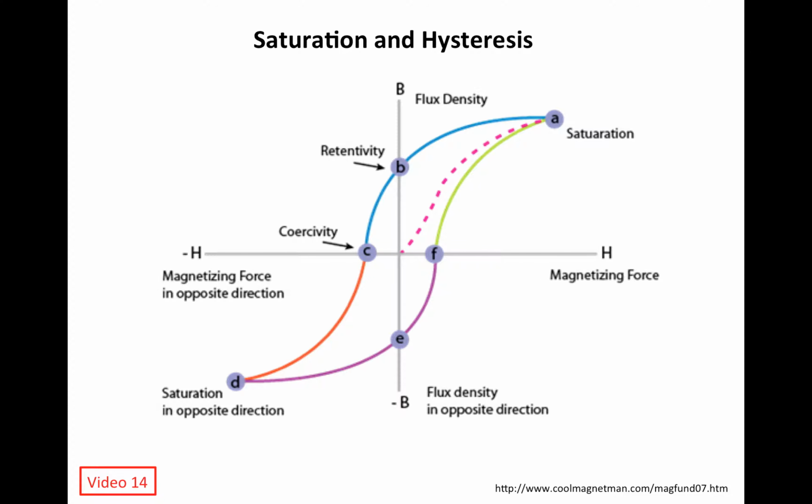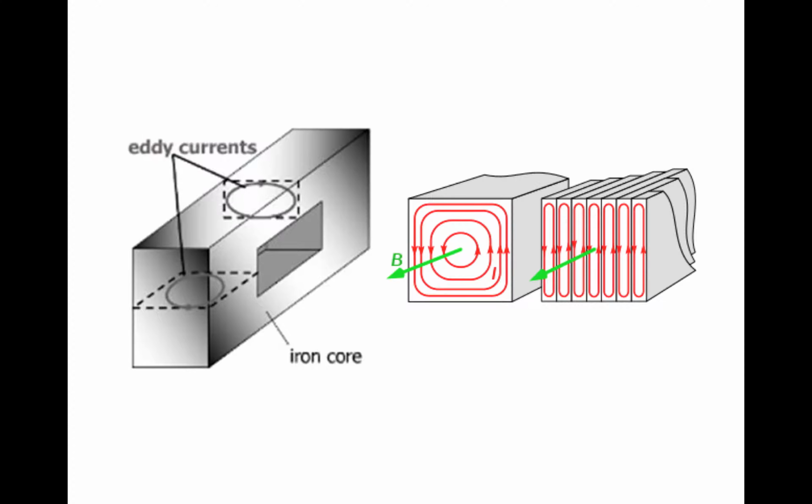This happens inside of the transformer core. The transformer core is magnetic material, and it also has its own hysteresis loop, right? And so it's going to have its own hysteresis losses. That's one kind of loss that we have to account for.